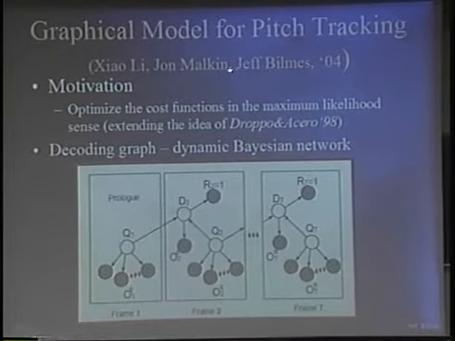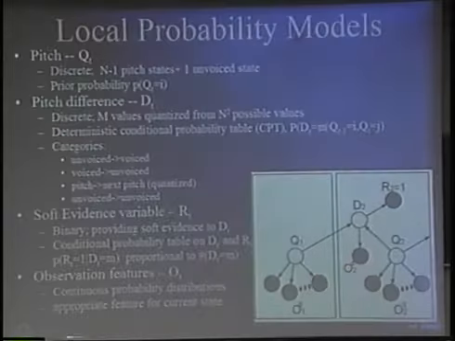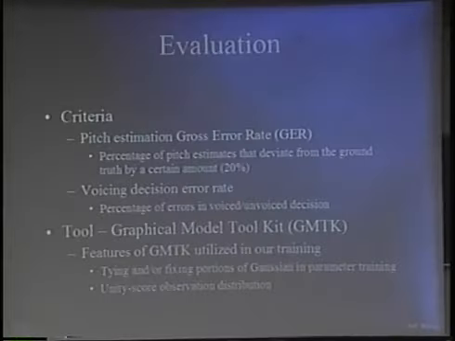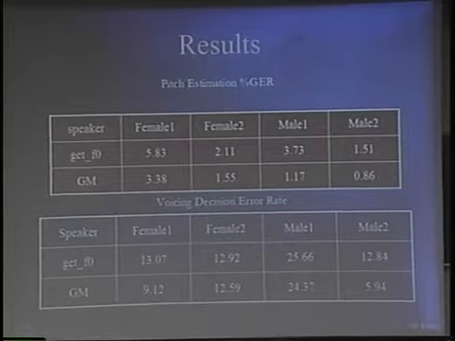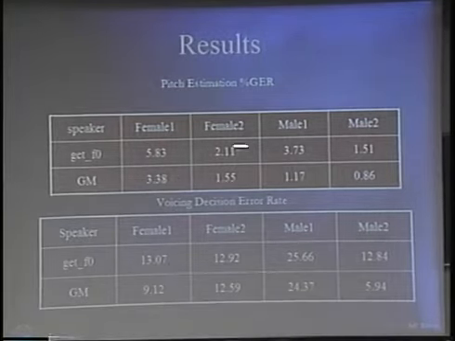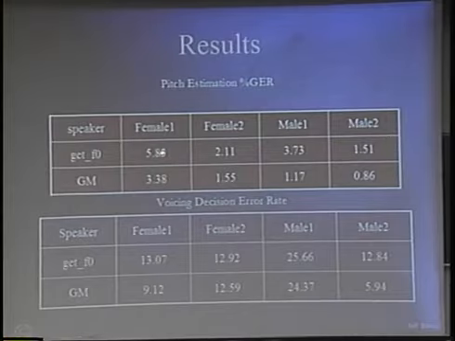This is work done by my students, Xiao and John. I'm going to start skipping a little bit more, but basically by learning the dynamic programming costs for pitch extraction, we're getting better results than at least the standard getF0 measure in ESPS, both in gross error and in voice detection error rate. We're getting better results in both cases.